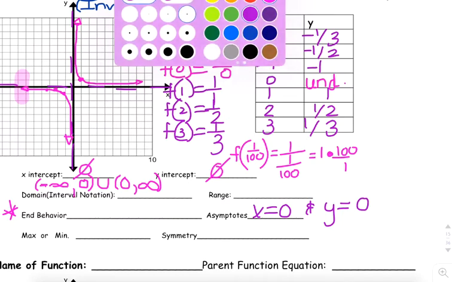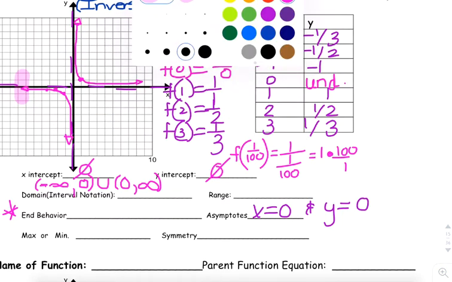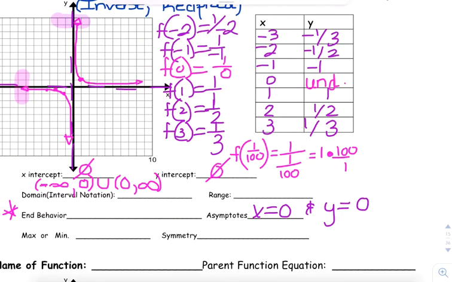Very similarly, we deal with our range. We start from negative infinity from the bottom, stop at 0, and then take it 0 to infinity.